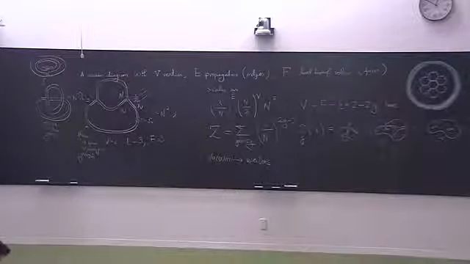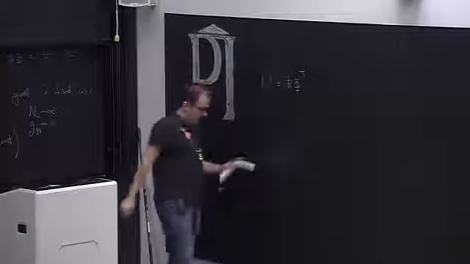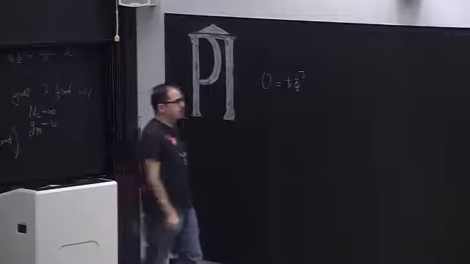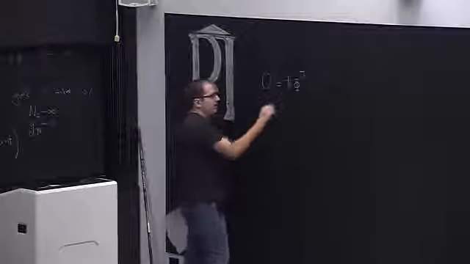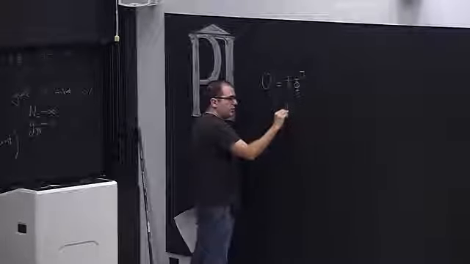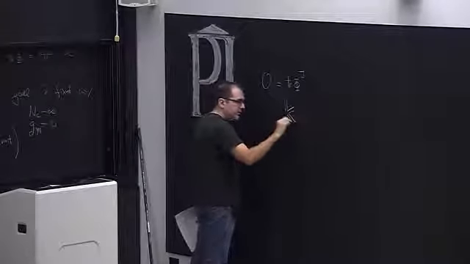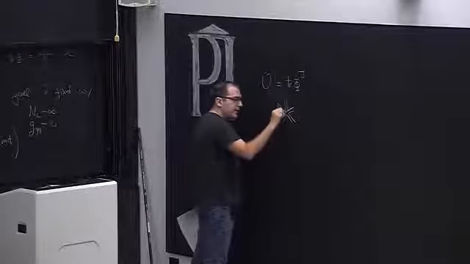So what picture do I associate to this operator? Well, trace of phi to the j, you draw it as a vertex. Let's suppose j is 5. You draw it like this. So this is phi to the j when j is 5.